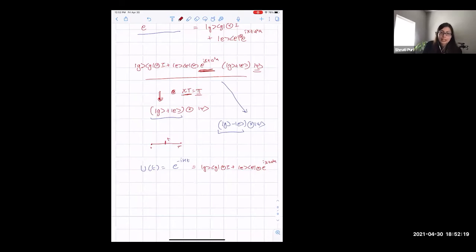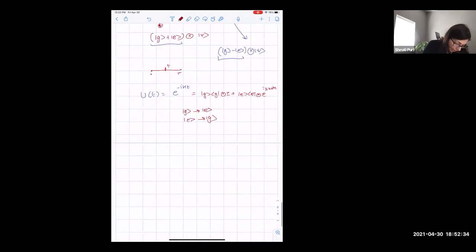Now suppose there is a bit flip on the ancilla. Suppose at this point in time, G goes to E and E goes to G. So there's a bit flip error on the ancilla qubit. Then if I apply a bit flip on the ancilla after a time t, this will just become E tensor I plus G tensor e to the i chi t a dagger a, right?